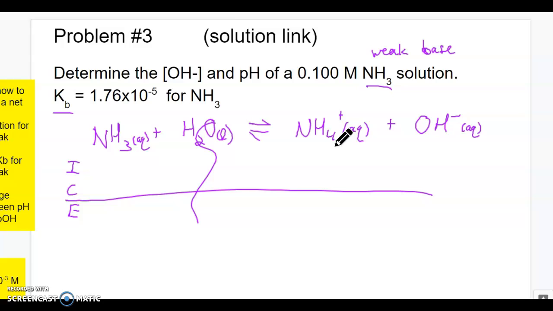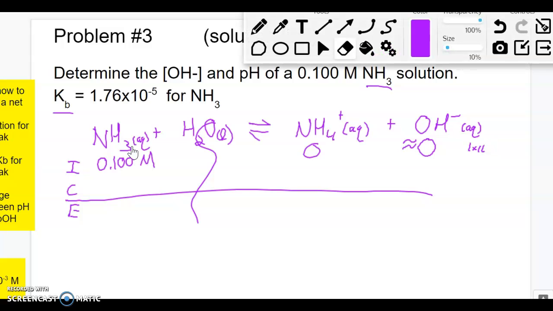So we start off with 0.100 molar NH3. And we're going to assume that there's no NH4 plus or OH minus to begin with. Remember that the concentration of H plus and OH minus to begin with is something we just assume is 0, even though in reality it is 1 times 10 to the negative 7th. It's much smaller than what this is, so we just scratch that out for a moment.